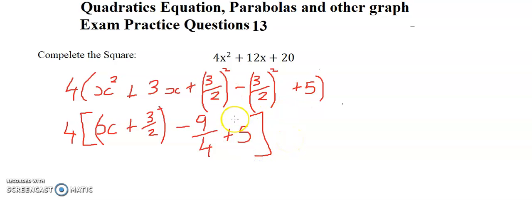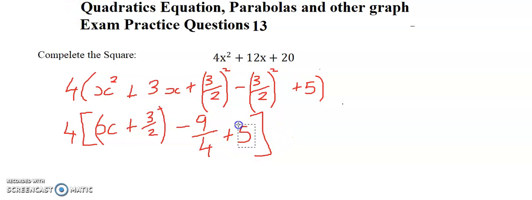Next I want to make this one fraction, an improper fraction. So I'm going to go 5 times 4 is 20, so I can rewrite that 5 as 20 over 4.